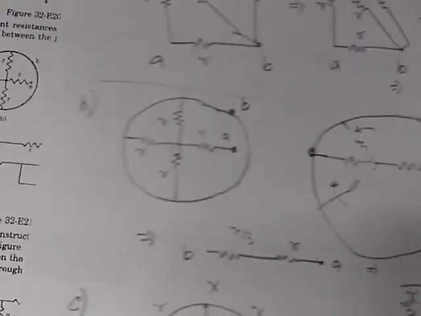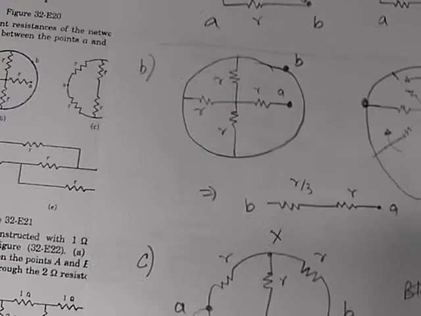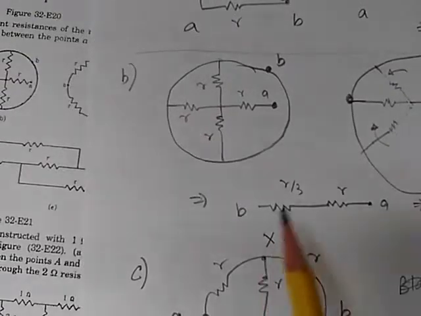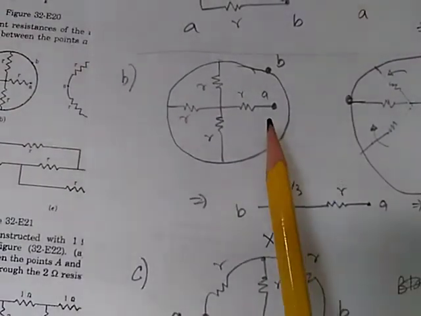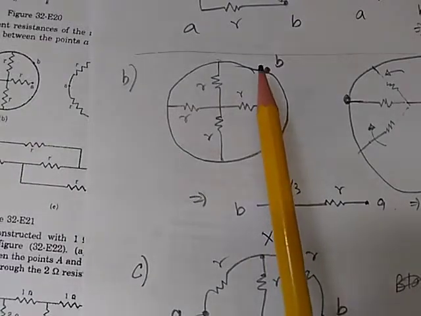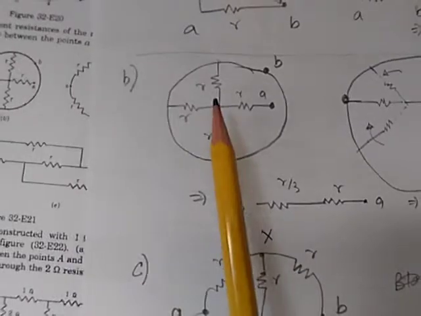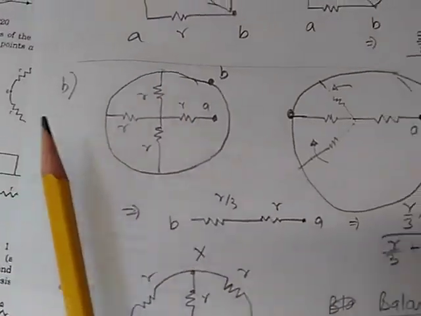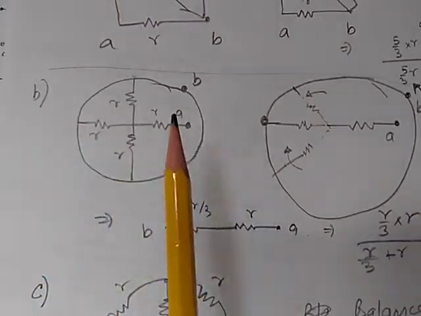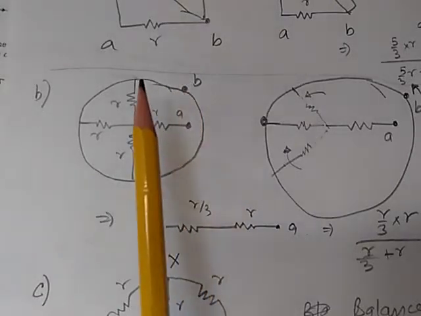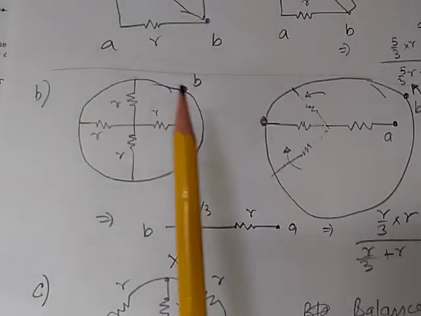So let's move on to the next one, and this has a slight trick in it. The trick is how we can see it as a set of series and parallel resistances. What we need to do is converge everything on the circumference at one particular point.